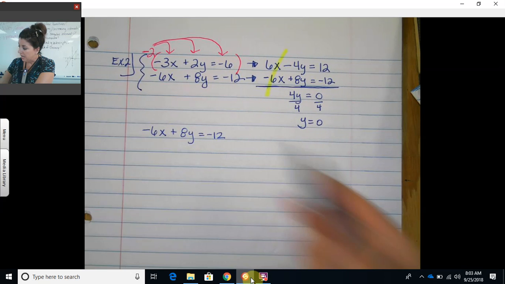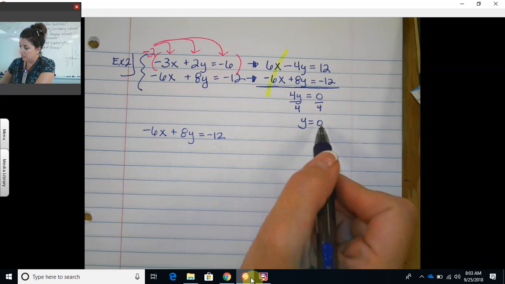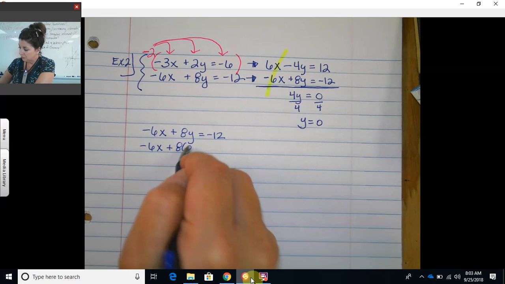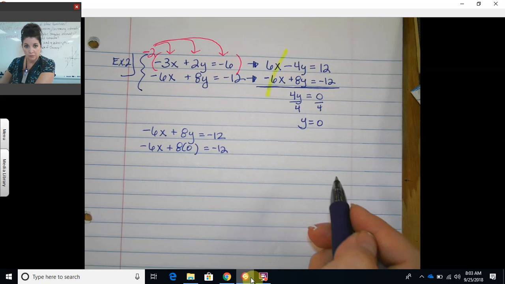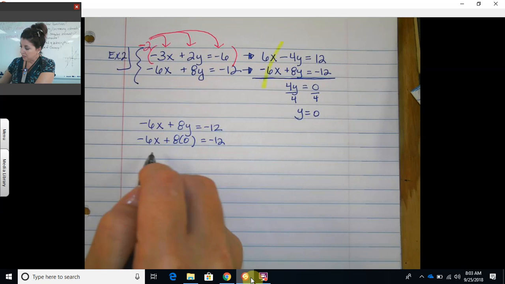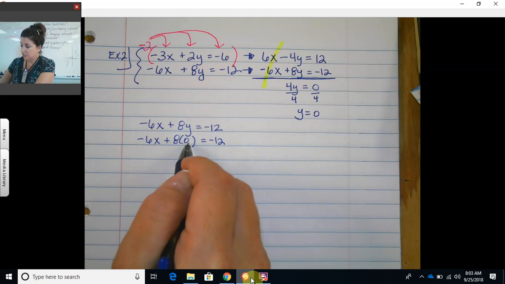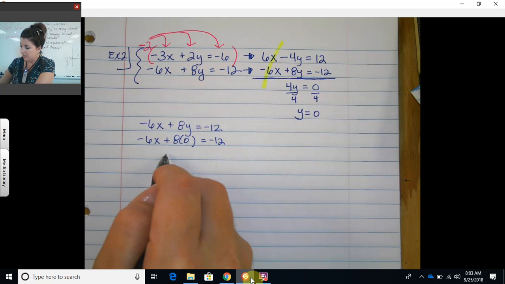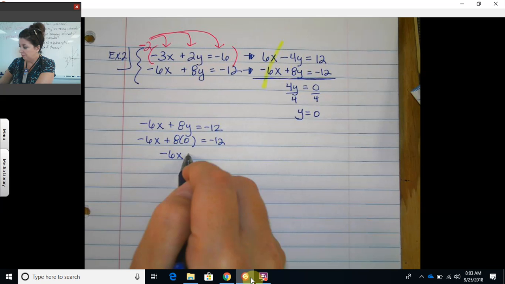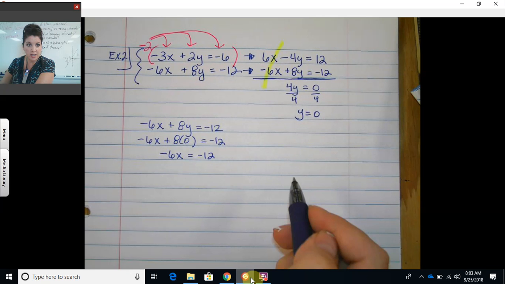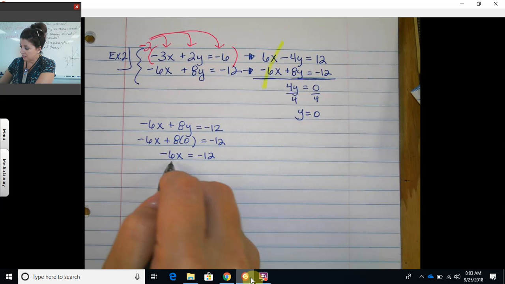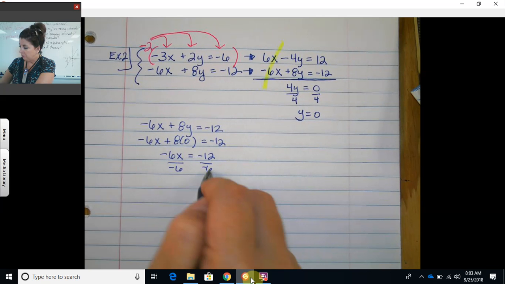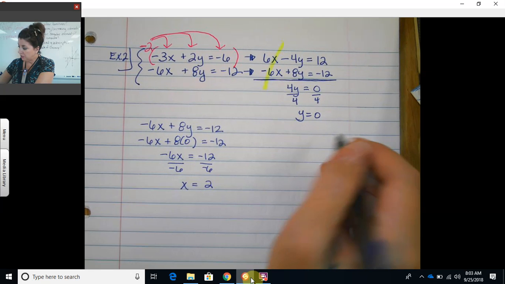And wherever I see a y, I will substitute in a 0. So negative 6x plus 8 times 0, that gives me 0. So basically I just have a negative 6x on the left and a negative 12 on the right. Solve for x, I will divide each term by negative 6, and x equals positive 2. So my solution is when x is 2, y is 0.